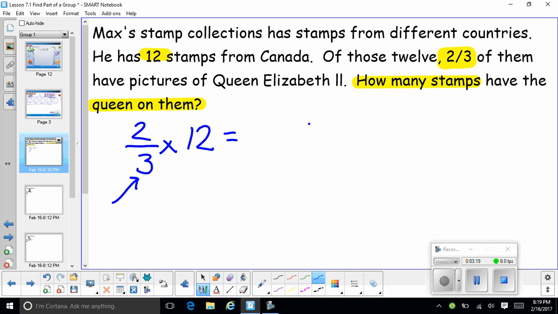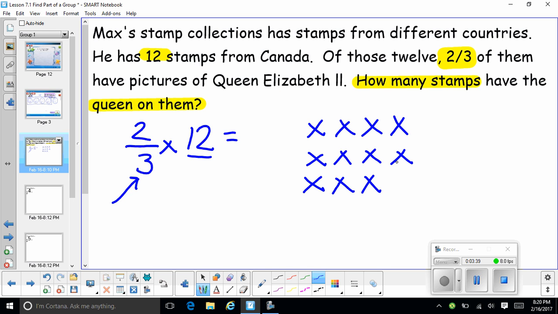So I'm going to have 1, 2, 3. I want to get a total of 12. So I already have 3 here. 1, 2, 3, 4, 5, 6, 7, 8, 9, 10, 11, 12.